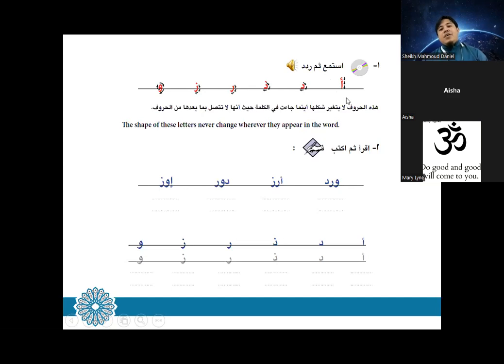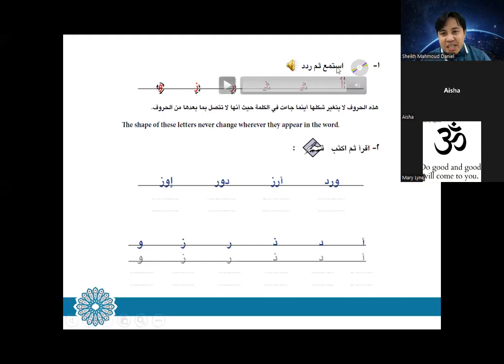Okay, so for the letters in front of you, you need to follow the way they are written. It is saying the shape of these letters never changes whenever they appear in a word. It will never change. Remember, look at this one.